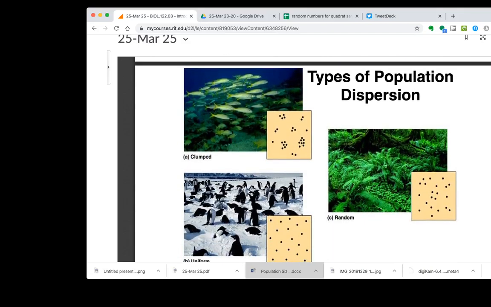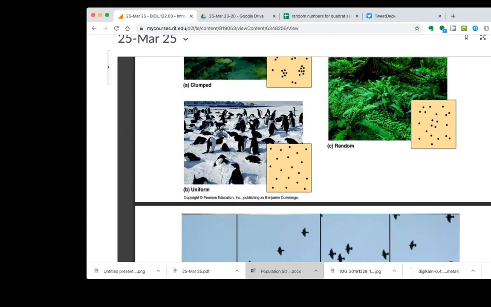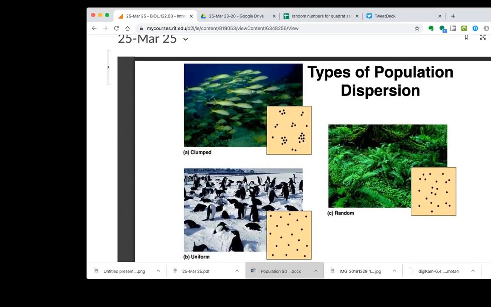All right. The next thing that I want to go over, and your activity today will focus on these kinds of things, is that we have three different ways that a population can be dispersed within the environment. You'll see up there the fish. We've got clumped dispersion, so that's something like schooling fish. A lot of plants will also have this kind of dispersion pattern.